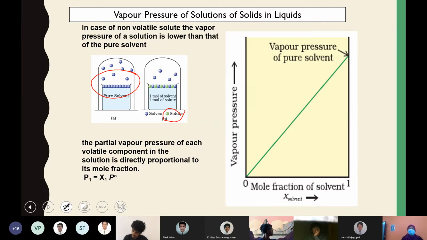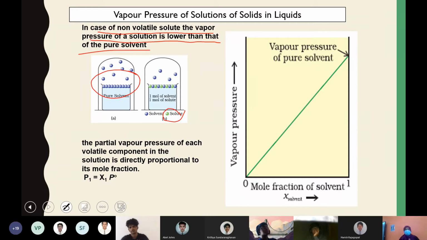So that is the first point you can say. In case of a non-volatile solute, the vapor pressure of a solution is lower than that of the pure solvent. When you take a pure solvent, there will be more vapors produced. More vapors produced mean more vapor pressure. But in the case of a solution where the solute is non-volatile, if it is a volatile solute, that is a different case, because the solute also will vaporize and its vapors also will contribute to vapor pressure.